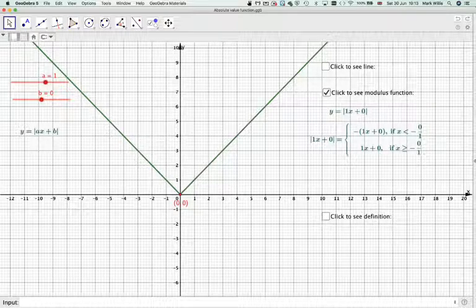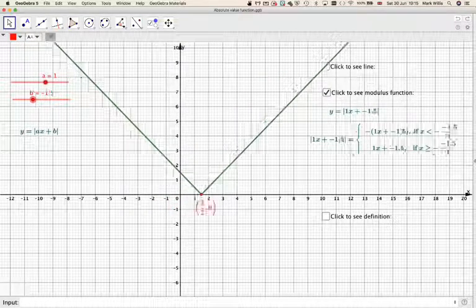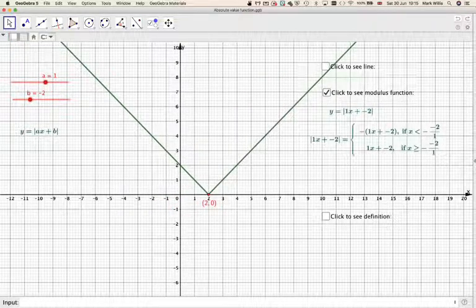But if we move this along a bit, let's make this negative. So here we have y is equal to the absolute value function of x minus 2.